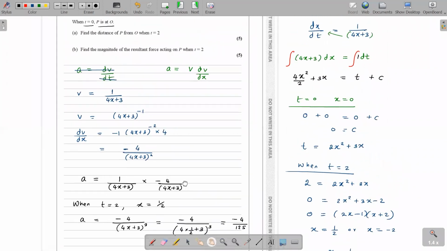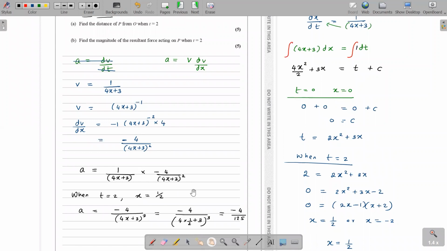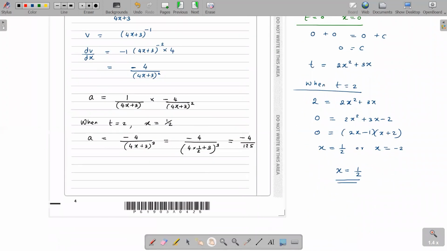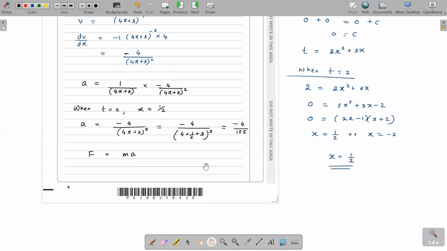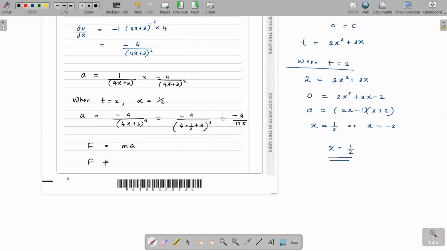So they want to find the magnitude of the resultant force. To find it, we use F equals ma. The mass is given, 0.5 kilograms. When they want the magnitude of the force, do we need to take the positive or negative? No, just give the size of it.